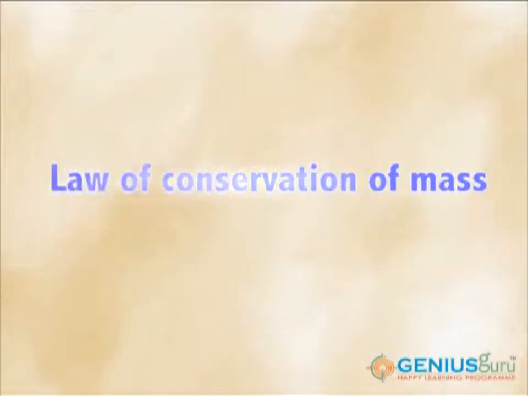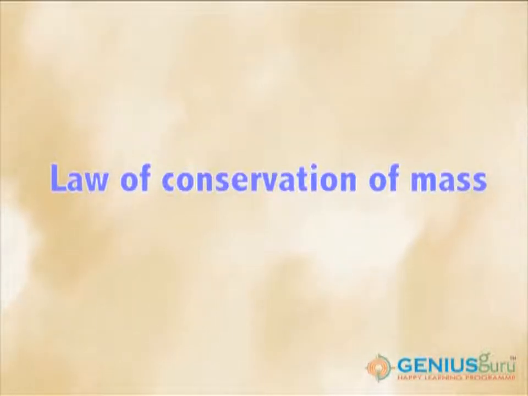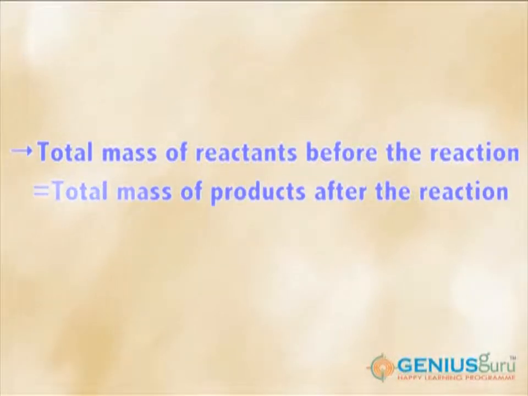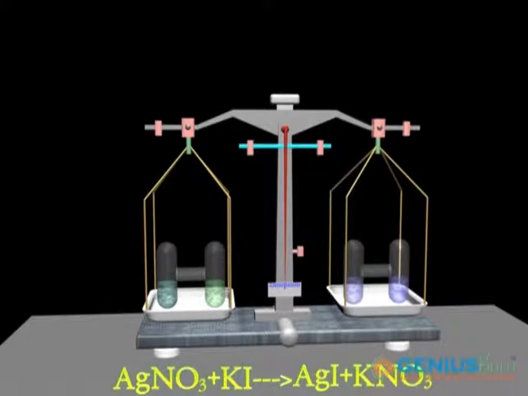So on the basis of this law, we conclude that for a chemical reaction, the total mass of reactants before the reaction is equal to the total mass of products after the reaction. Yes, we have observed previously in the animation. On the left hand side, we have the reactants. This is the case for the reactants before the reaction.